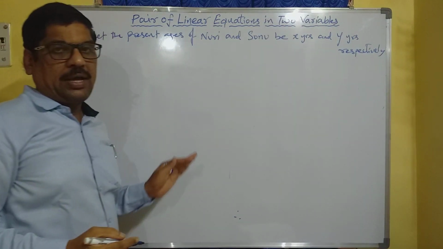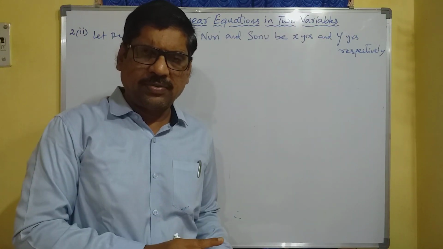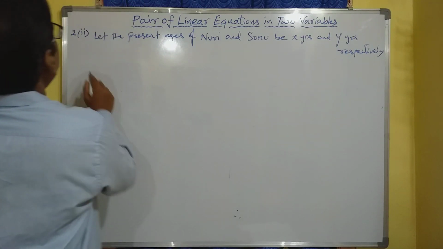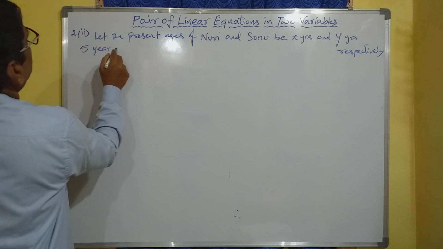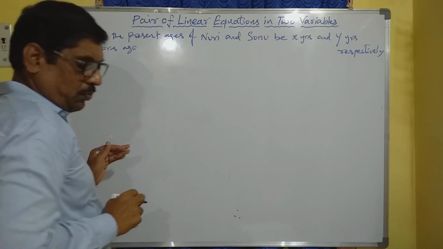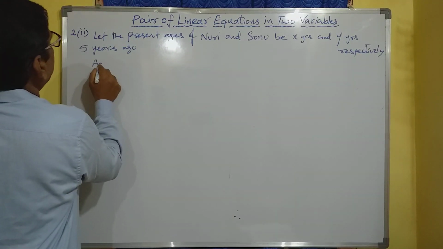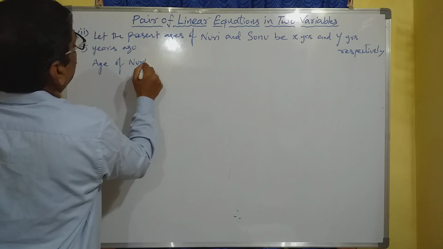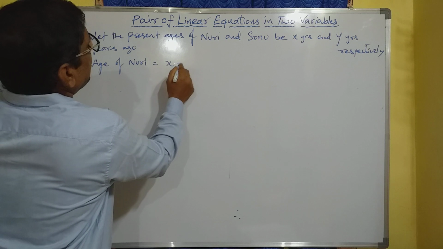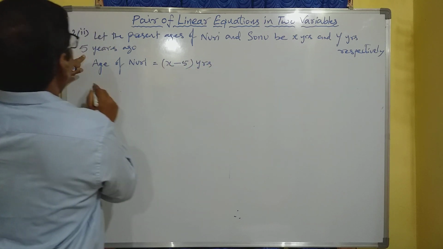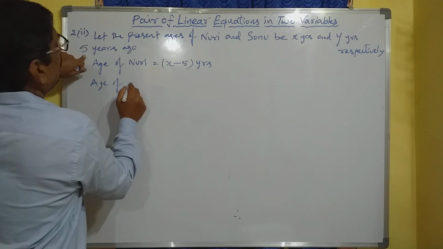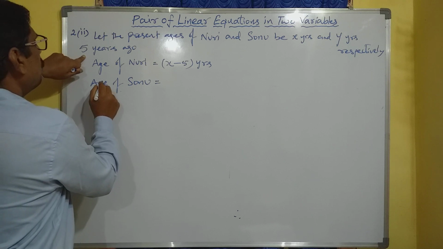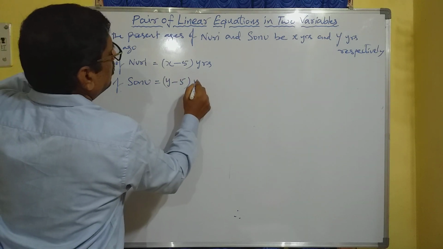Okay, we have taken them as x and y. Noori is x years and Sonu is y years. Now, 5 years ago, the age of Noori would be x minus 5 years and the age of Sonu would be y minus 5 years.